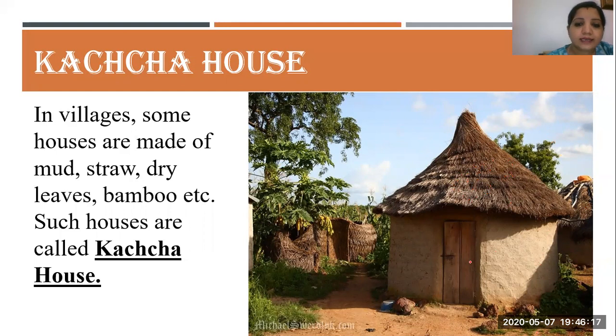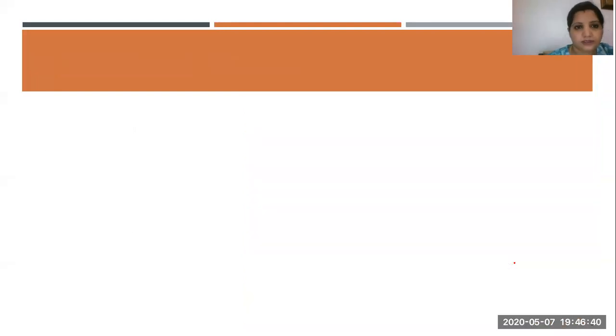So the things that are easily available in our environment, they use to make kacha houses, in which they have used dry leaves. They use mud to build the house. They made use of straw, bamboos, etc. Understood? So these types of houses we can see in villages, and they are called kacha houses.